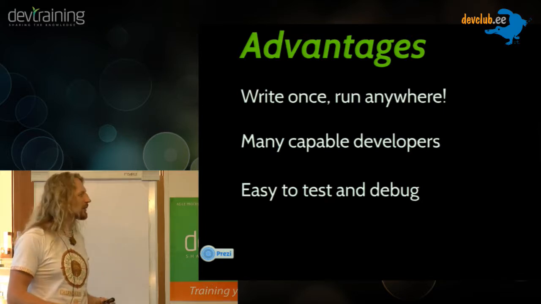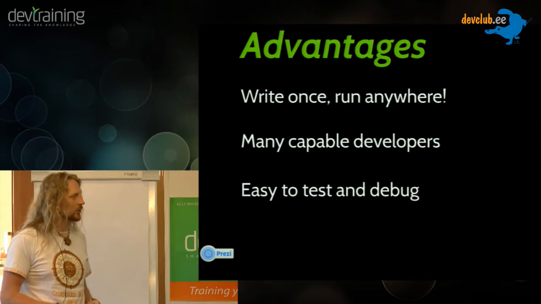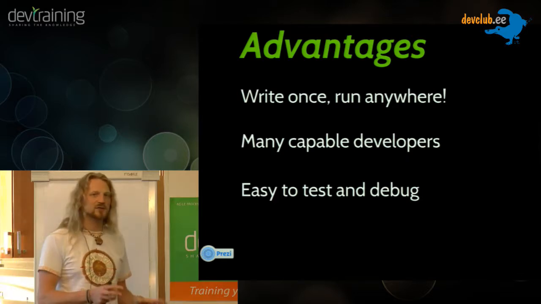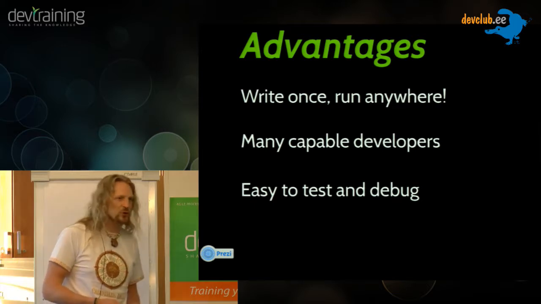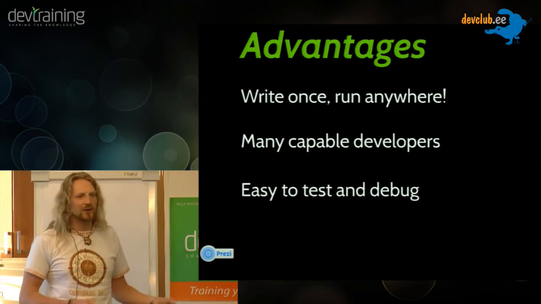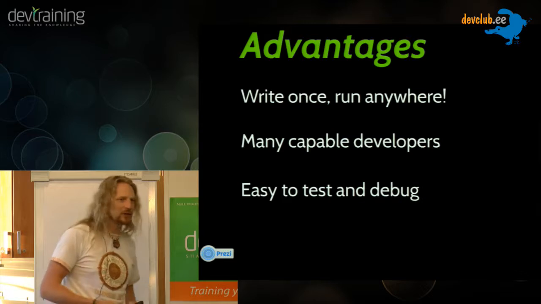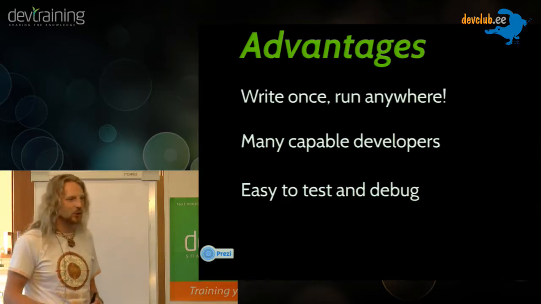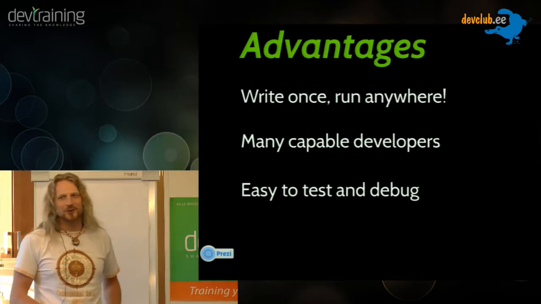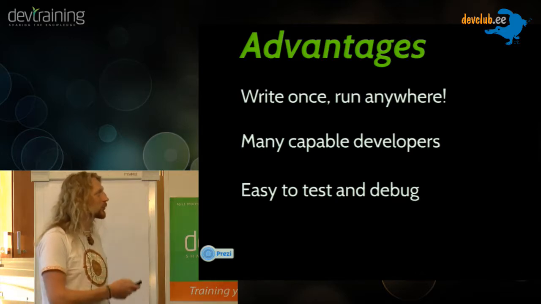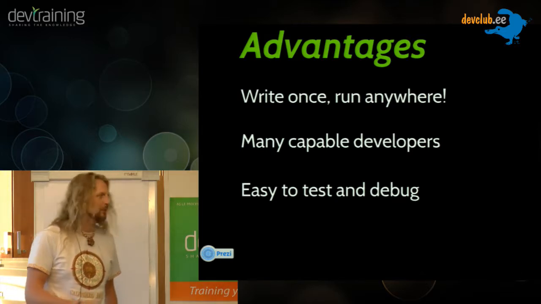In one company that I visited last year, they said, we have this fantastic app for our web service, but unfortunately we cannot update our iPhone app anymore because our iPhone developer was fired and nobody has any idea how the hell it works. So when you do cross-platform, you don't have this problem.